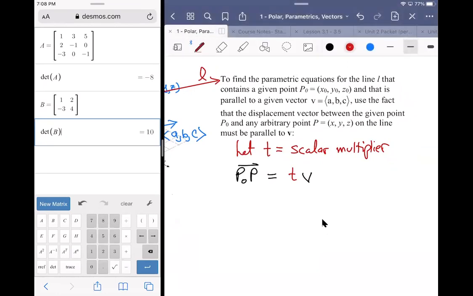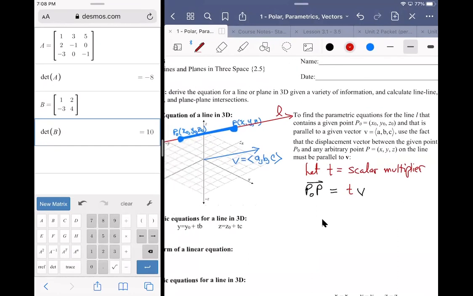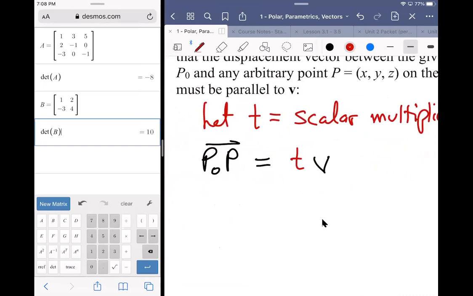Now we also know that P sub O and P, those displacement vectors, are going to be the difference between the corresponding values that make up those vectors, right? So we have P is X, Y, Z, and P sub O is X sub O, Y sub O, Z sub O. So the subtraction of corresponding values is going to give us the displacement vector that we're looking for.